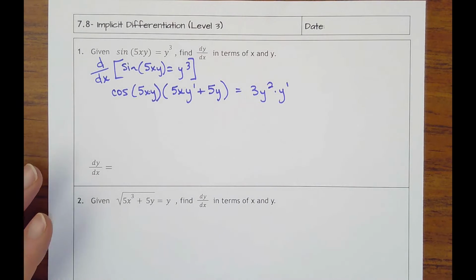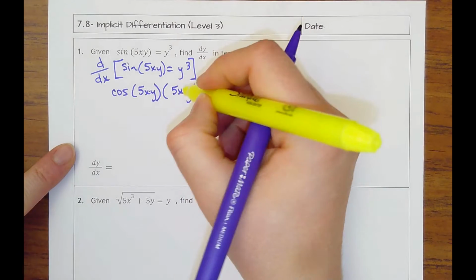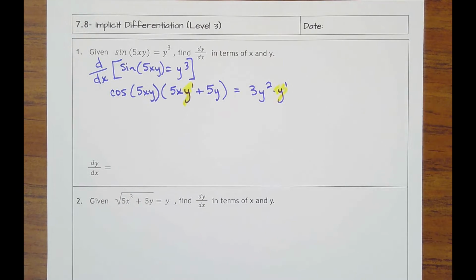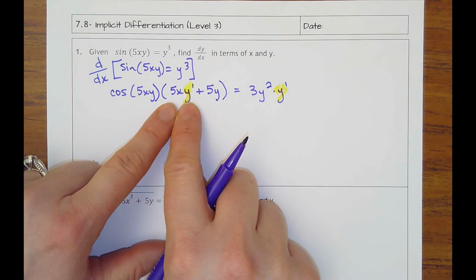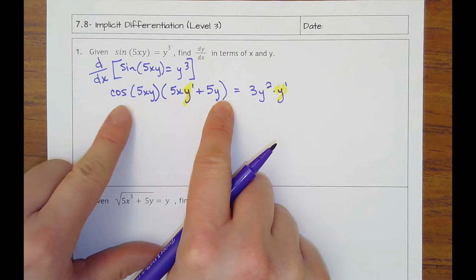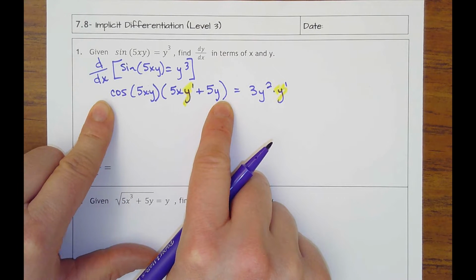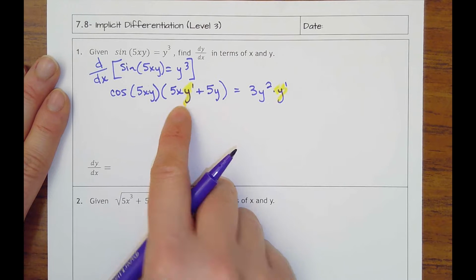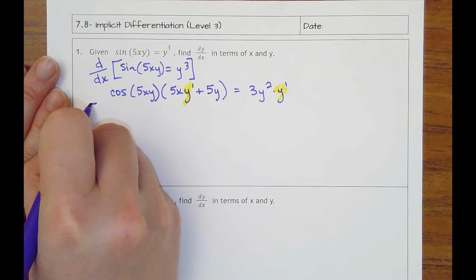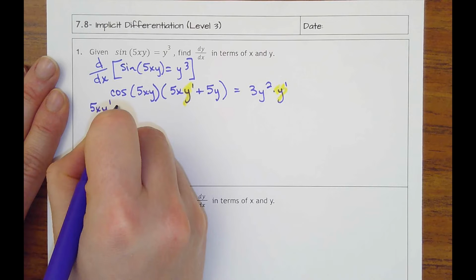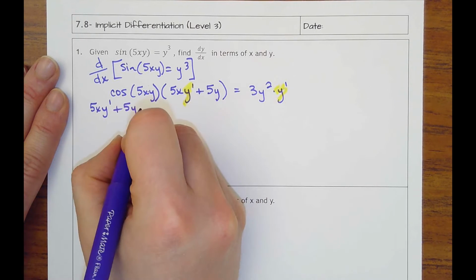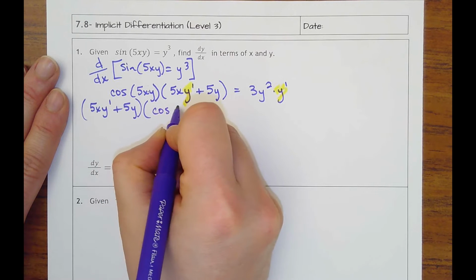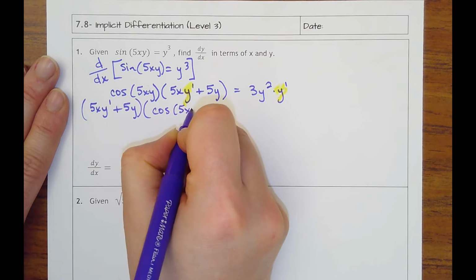So then you think, well, what do I do to get y prime by itself? Because I don't simply have just terms that are separate. This is getting added and getting multiplied. So what I want you to think about is this is a distributive property. So what if I had it like this, where it was 5xy prime plus 5y, that times cosine of 5xy.